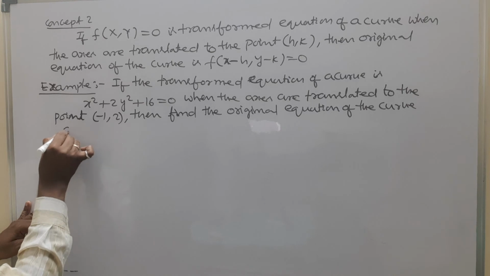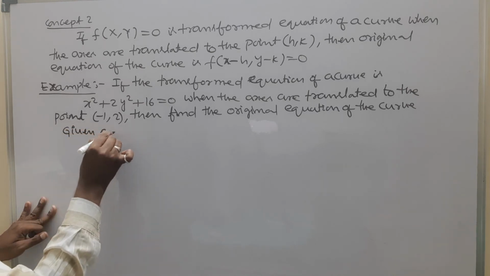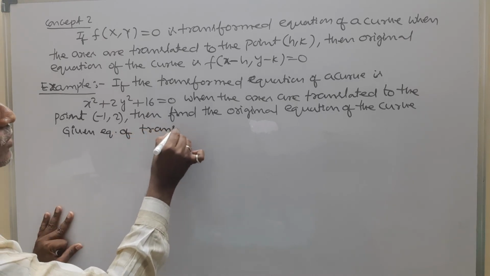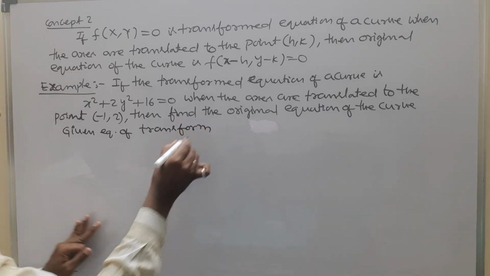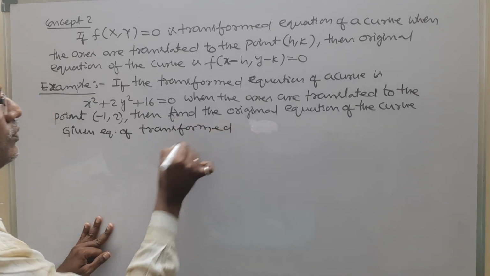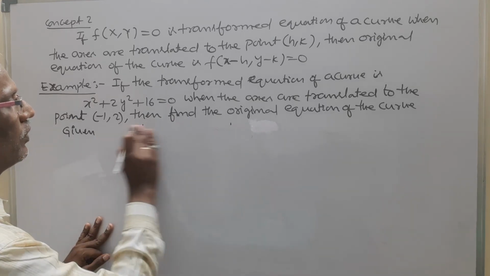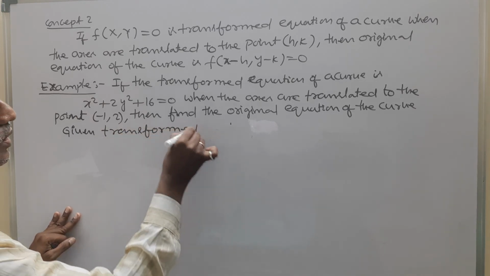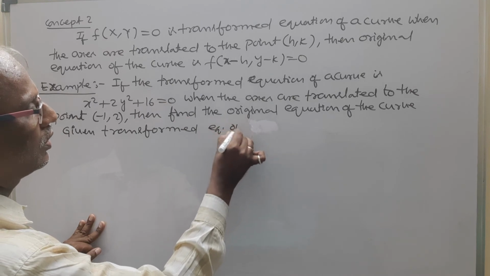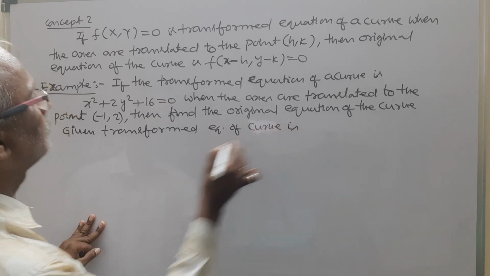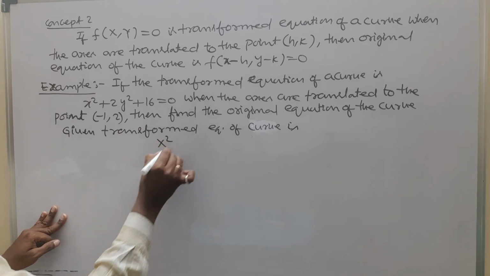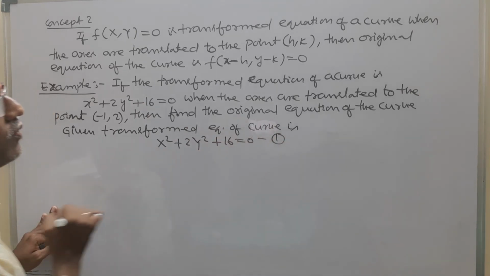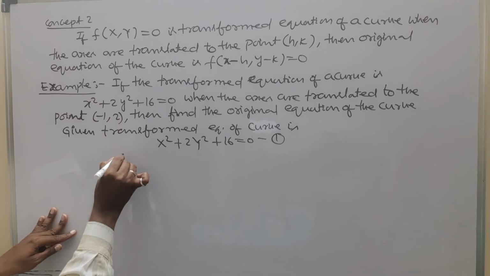Given transformed equation of curve is capital X square plus 2 capital Y square plus 16 equal to 0. This is equation 1.